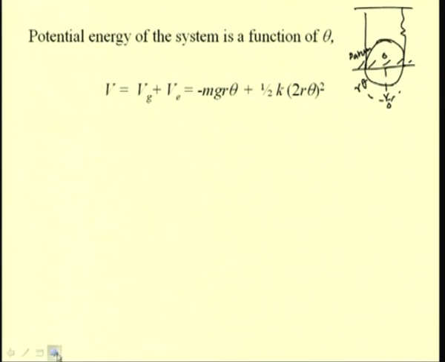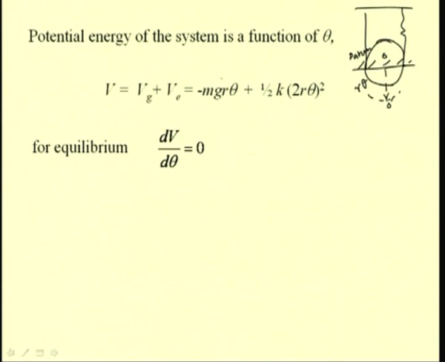Now, for equilibrium, the change in the potential energy for a small virtual displacement should be 0, and the virtual work equation for systems with only conservative forces is given as dV by d theta equal to 0. So, we will first differentiate this equation with respect to theta and then equate it to 0.